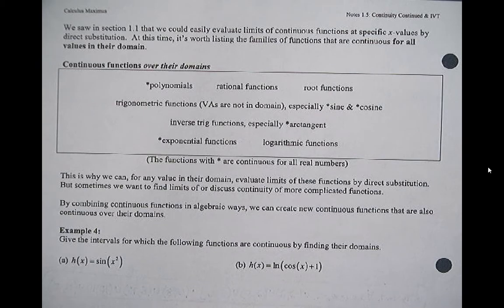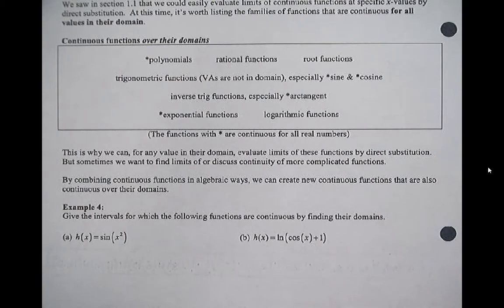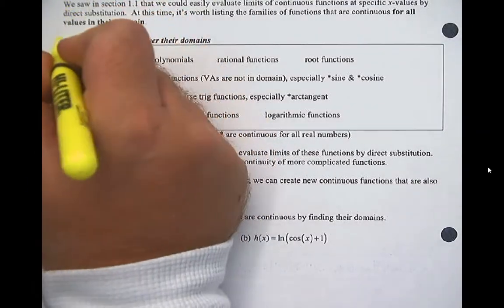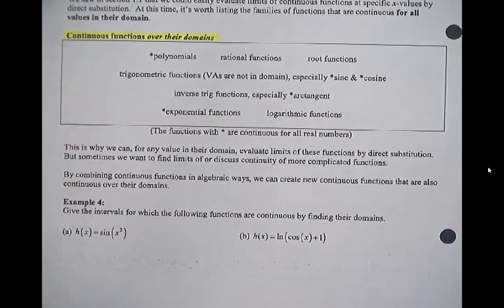All right, so let's talk a little bit about functions that are continuous over their whole domain. If you just identify this function, you don't have to prove that it's continuous. If you identify that it's a polynomial, you can just say the function is a polynomial, therefore it's continuous. So this is probably worth memorizing.